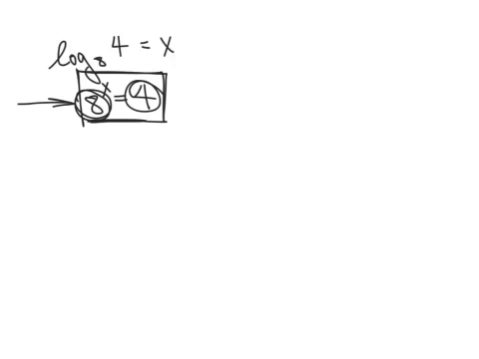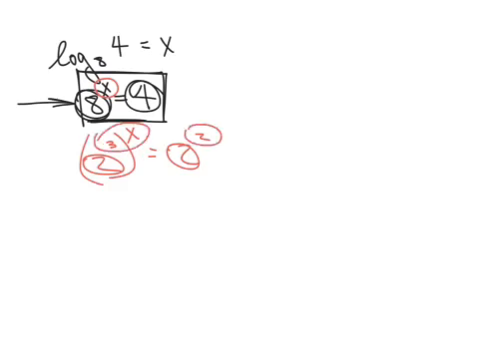So what I'm going to do is change that 8 to a 2 cubed. And now it's an 8, right? 2 cubed is 8. And I'll put that x up there. And what is 4? 2 squared. Because the bases are the same, that means the exponents have to be the same, right?